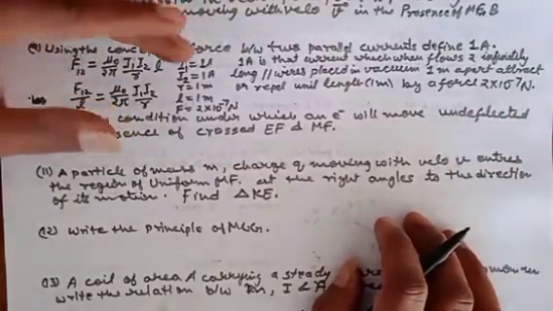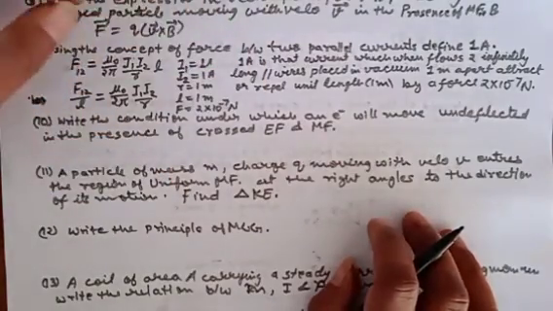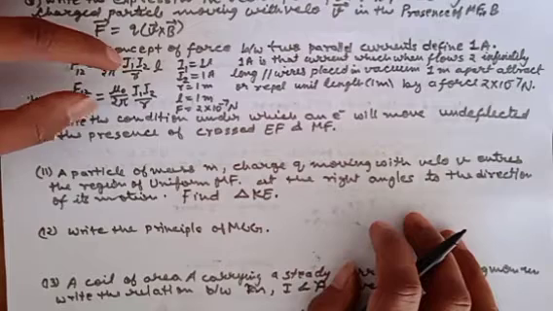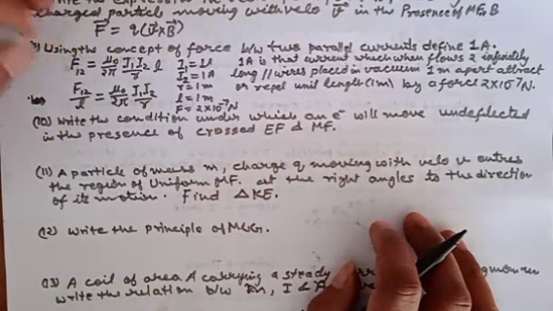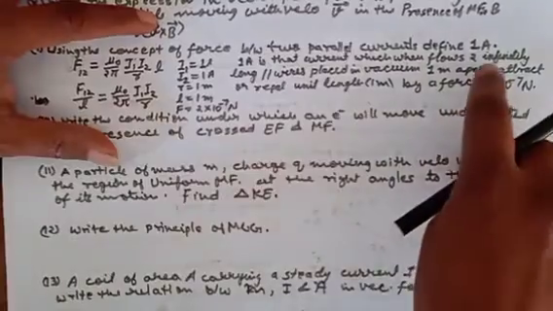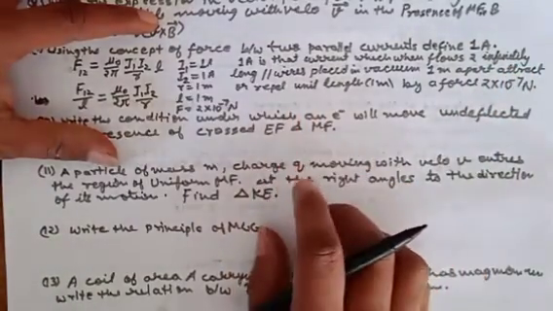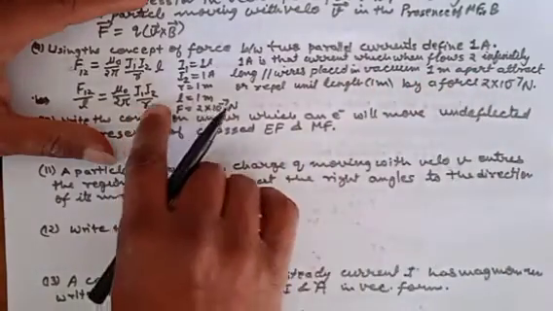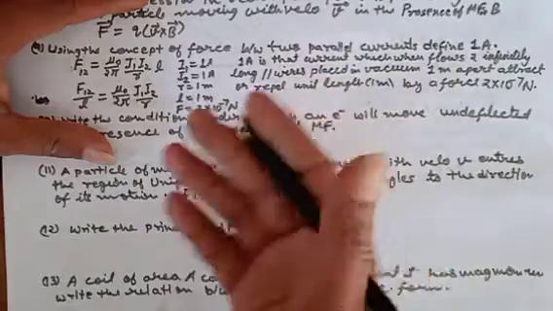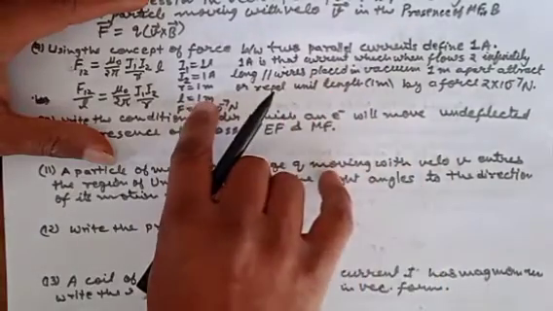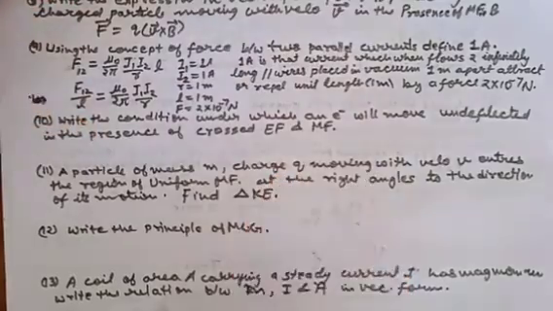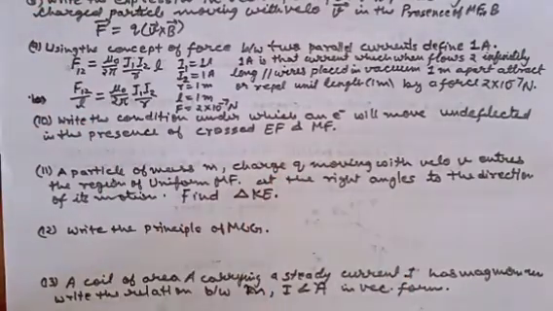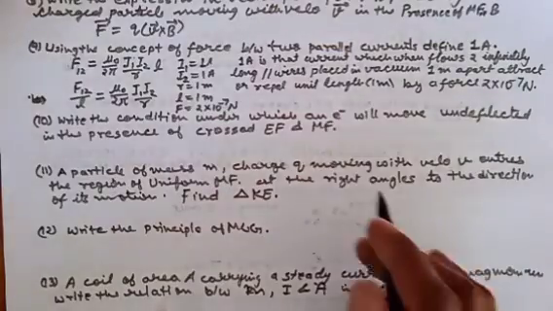This is a complicated definition, but what you need to remember is that this formula is derived from the formula of magnetic field due to a straight conductor, and that must be infinitely long. That is why the term infinitely long came here. They are placed in vacuum, mu naught is there, 1 meter apart because we have taken that, attract or repel because they can, per unit length of 1 meter by this force.